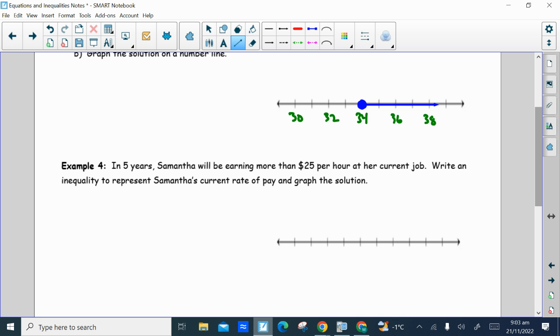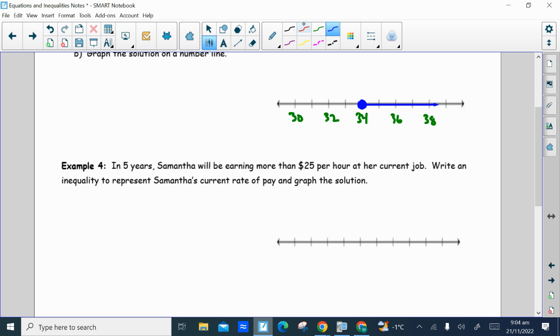Write an inequality to represent her current rate of pay right now. So that means right now her pay has to be less than or equal to 25, because in 5 years, she's going to be earning more than that. It might be $25.01 an hour, but it'll be greater than 25. So right now, her current pay is less than $25 per hour.